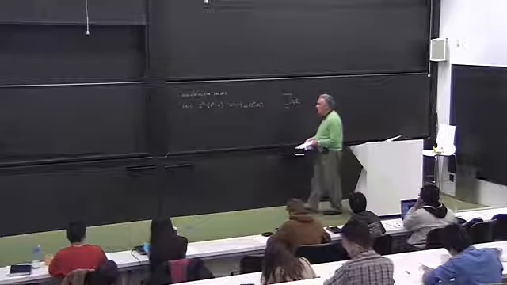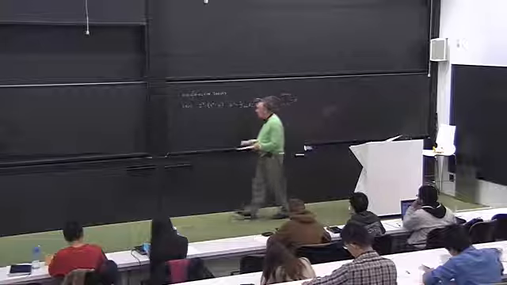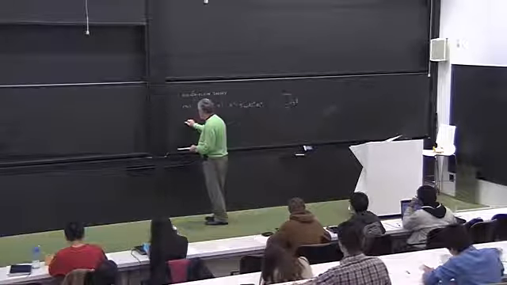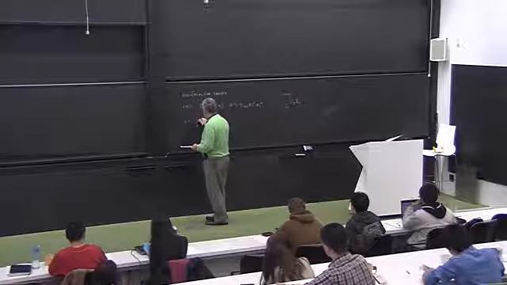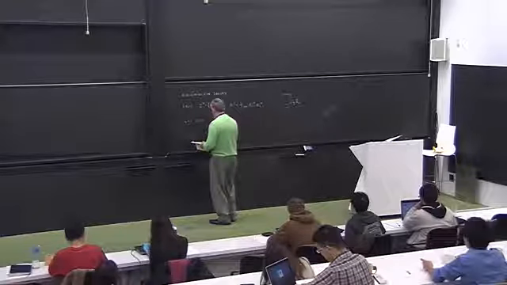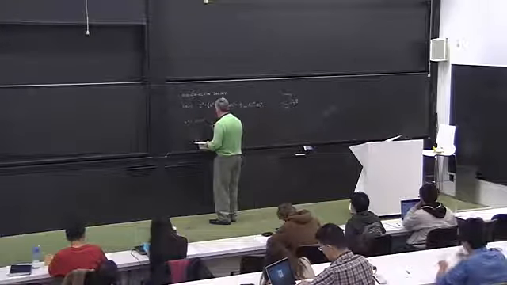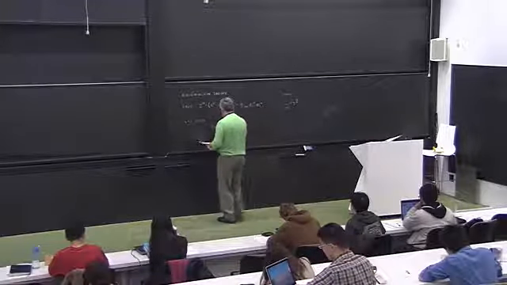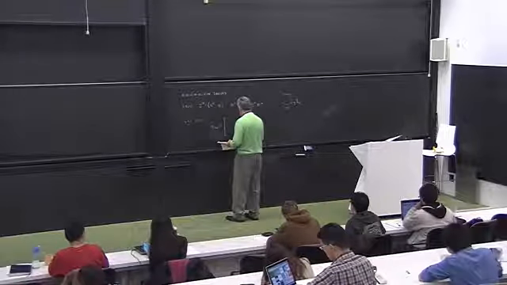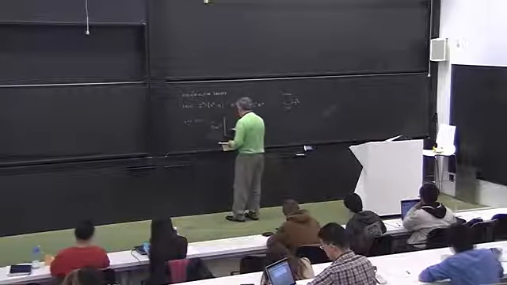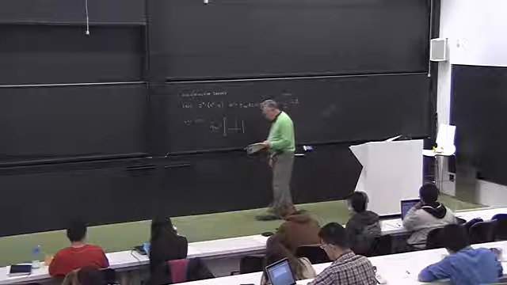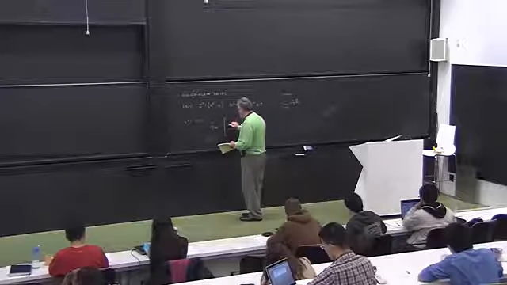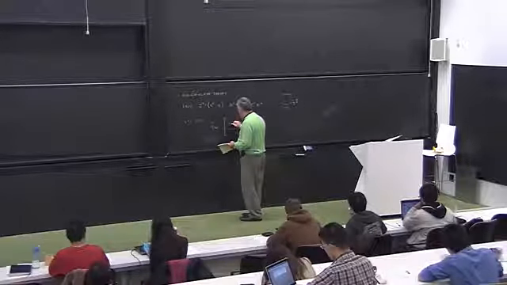And Kaluza said, now let's make a 4 plus 1 split, and write the 5 by 5 matrix in 4 plus 1 split. So in this corner, we've got ĝ_μν.